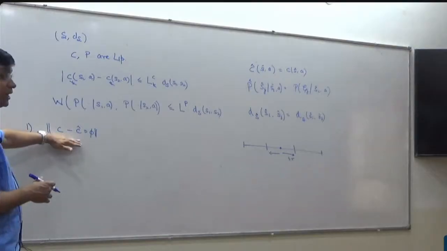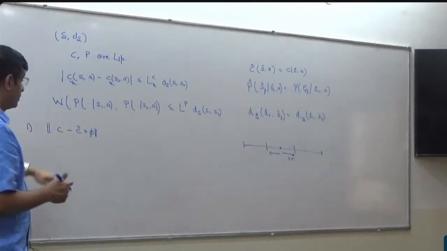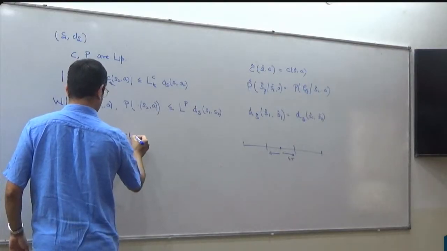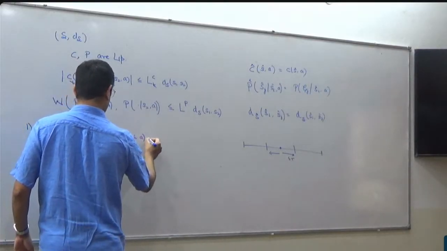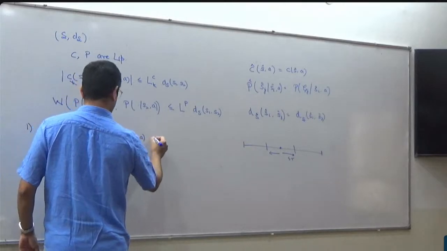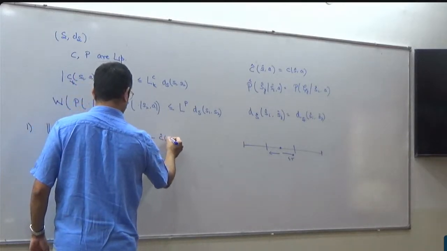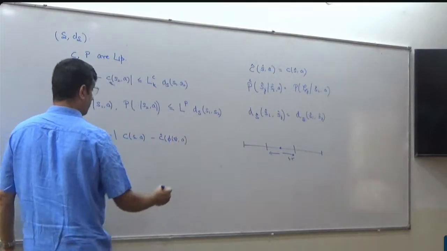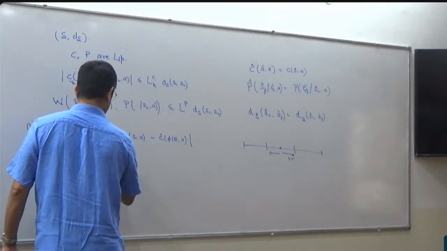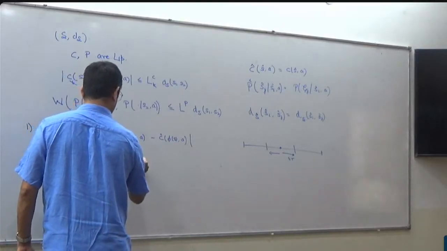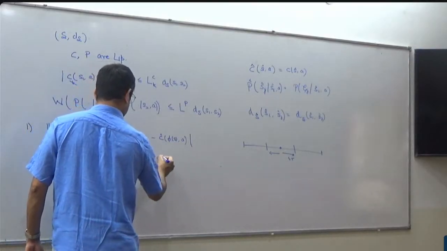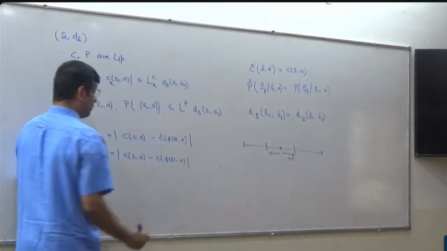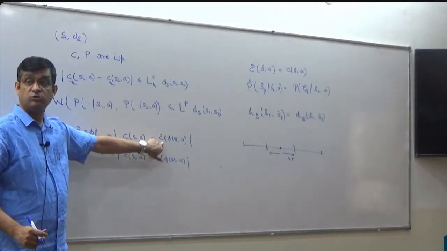So, when I look at this quantity, this is really looking at the distance between C of S and A minus C hat of phi of S and A, which is equal to C of S and A minus C of phi of S and A, because I had defined C hat to be the cost at that point.